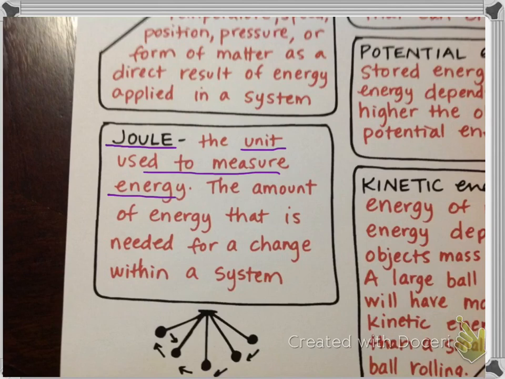So the joule is telling you the amount of energy that is needed for some kind of change to take place. We have lots of units of measure. We measure with a ruler, centimeters or meters. We can measure temperature using Celsius. So we measure energy using the unit called the joule.